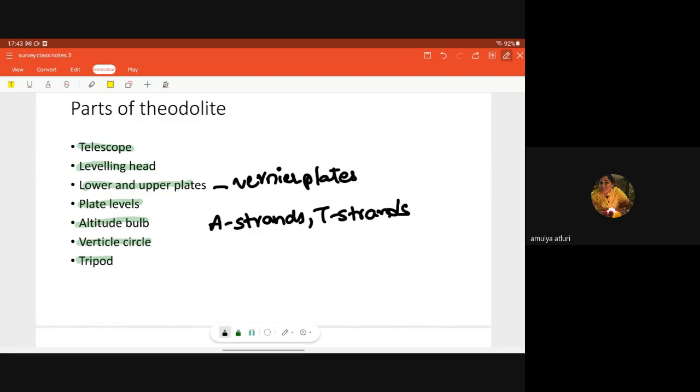What are the working operations of the theodolite?